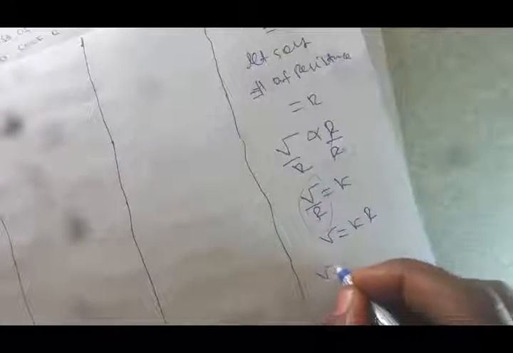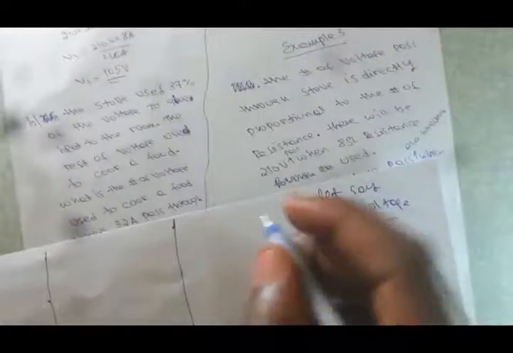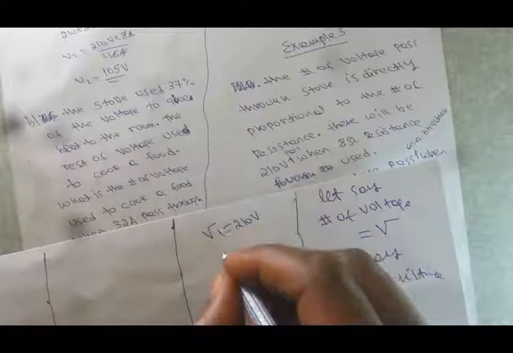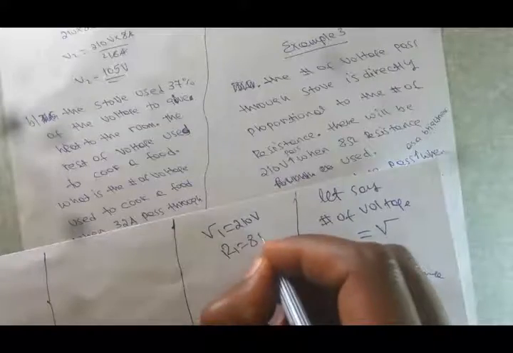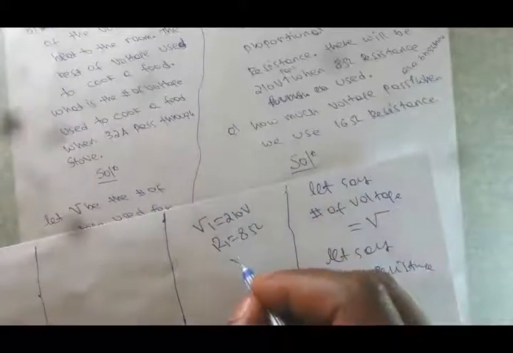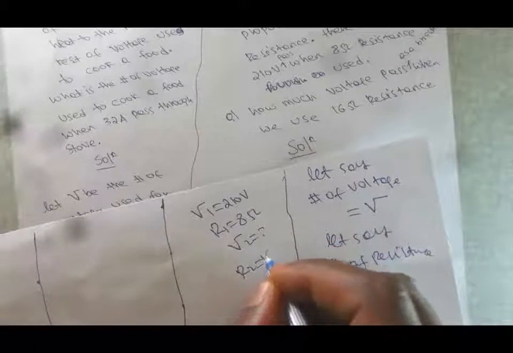Or if we have two situations, we use V1 over R1 is equal to V2 over R2, which is equal to K. We are given V1 is 210 volts when the resistance R1 is 8 ohm, and we are asked to find V2 when the resistance R2 is equal to 16 ohm.